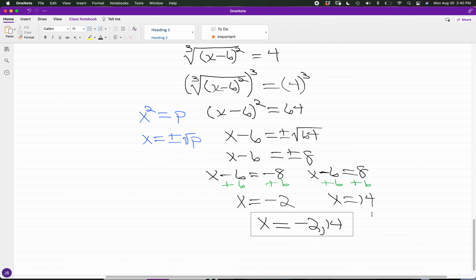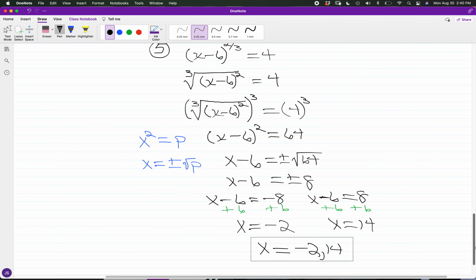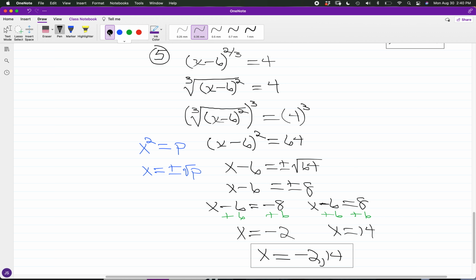And I'll tell you what, just for working with radical equations that originate from non-integer exponents, let's see what we get. First of all, say we have 2 times the quantity x plus 5 to the 2/3 is equal to 18.